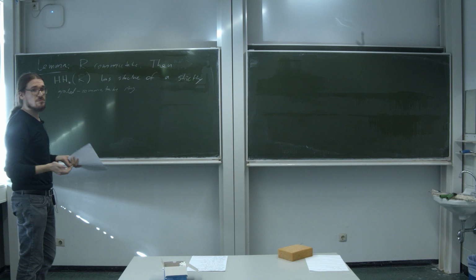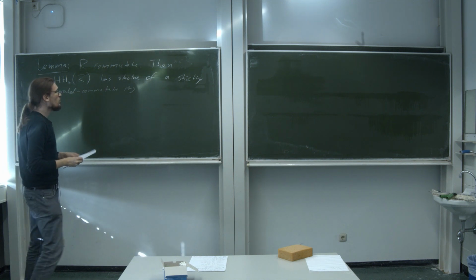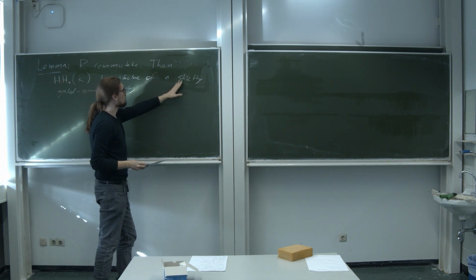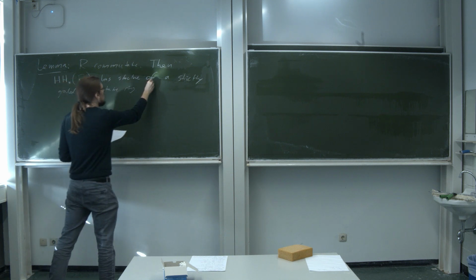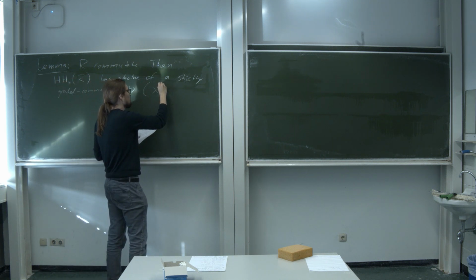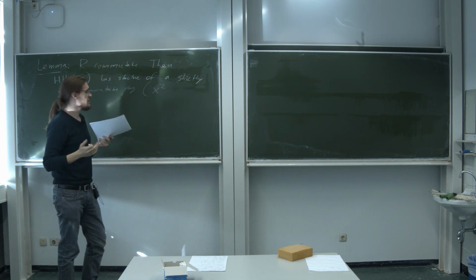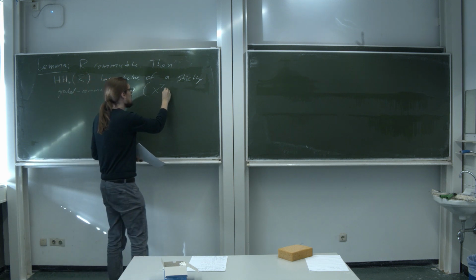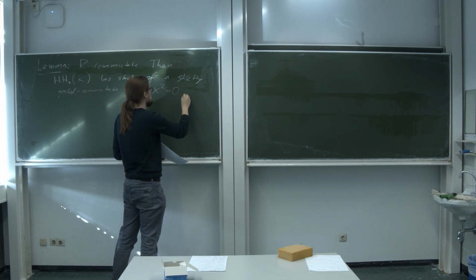So I hope graded commutative is clear. What do I mean by strictly graded commutative? Well, this just means that whenever someone hands you an element x of odd degree, its square is actually 0.